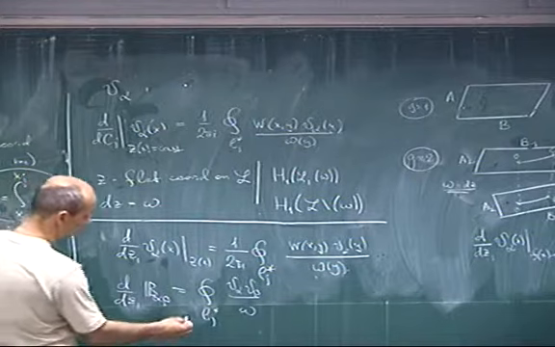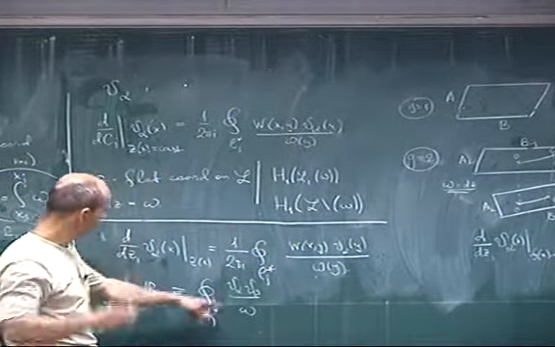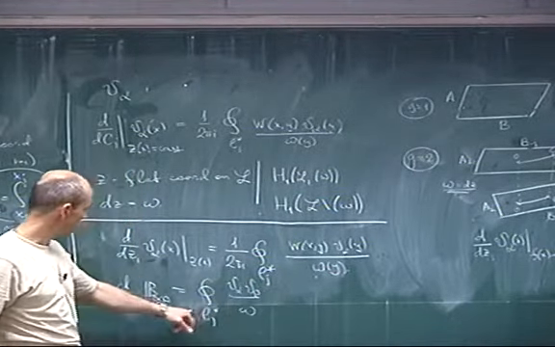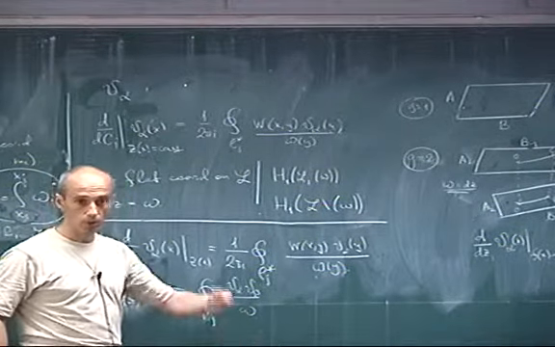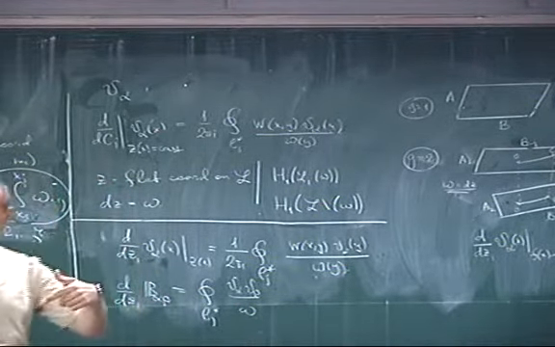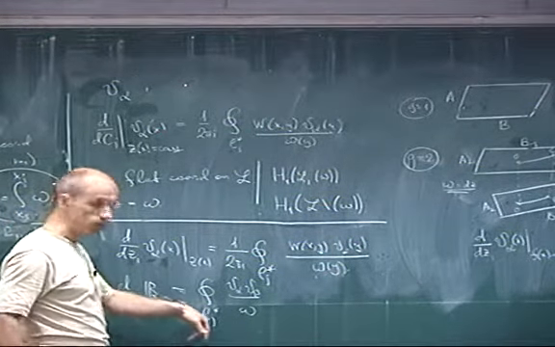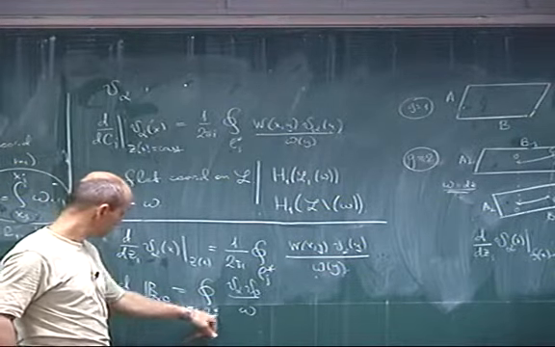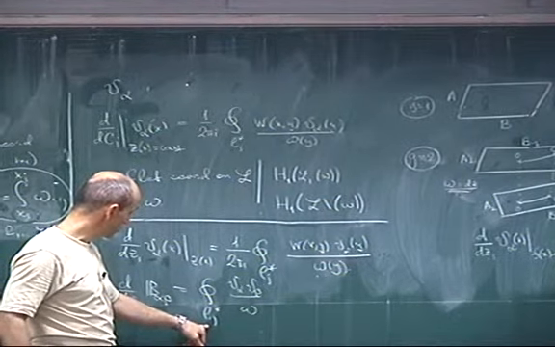Because in that formula I had v alpha, v beta times a vector field, integrated over some contour. Here I have v alpha, v beta divided by a one form. So 1 over a one form I can understand as a vector field, and then I integrate it over some contour. So it's the formula of the same origin.